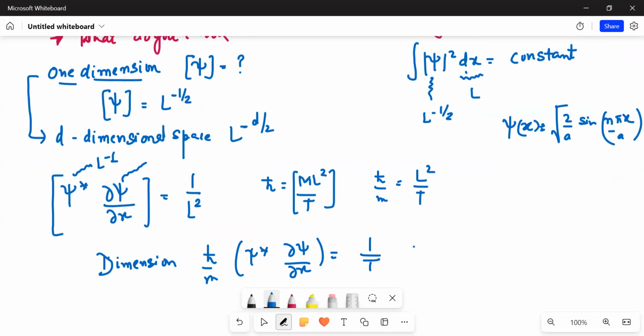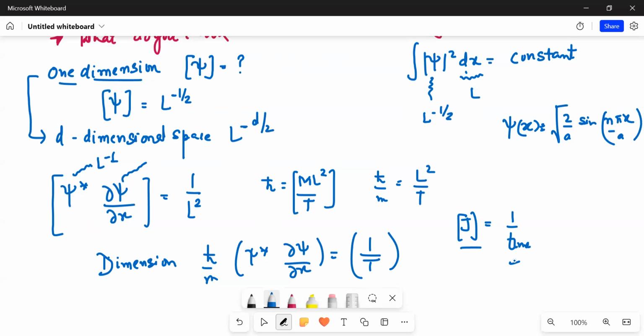This is what I was referring to yesterday, but somehow I was probably not able to make it clear, or some difficulty was there. So overall, understand that this current density has inverse time dimensions, like 1 upon second or 1 upon time. Is that clear? I think this is quite clear now.